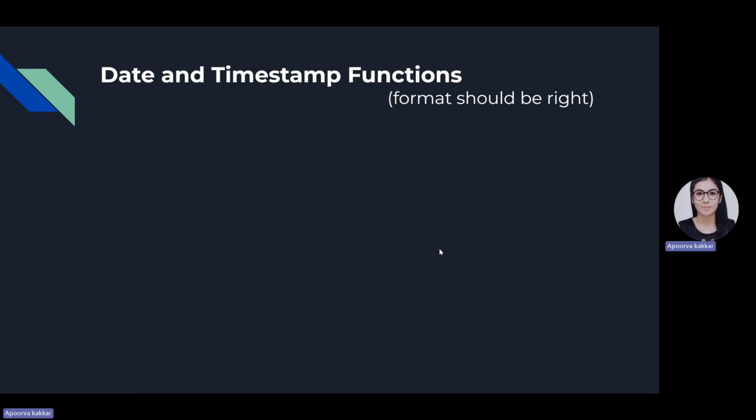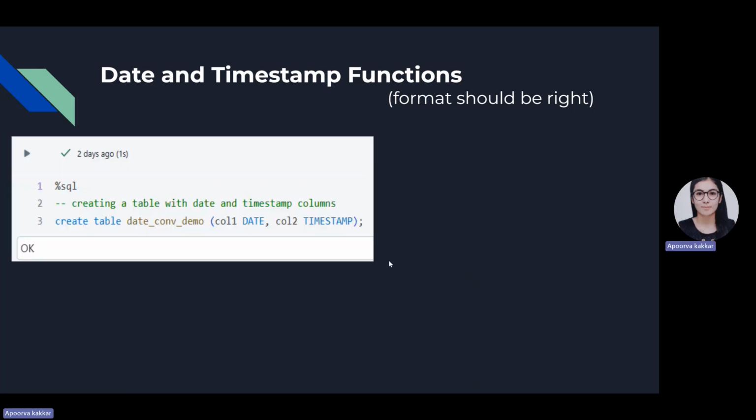Now, if we create a table in date and timestamp format, as in the following example, here a table is created named date conversion demo, where there are two columns, column 1 and column 2, with data types date and timestamp respectively.